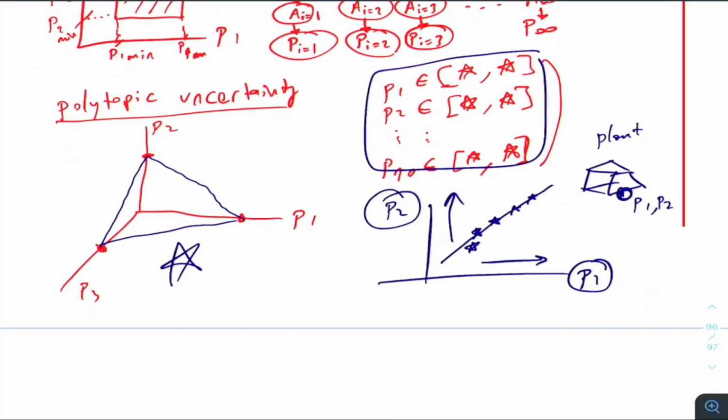For example, this is, let's call it A, and this is 0.